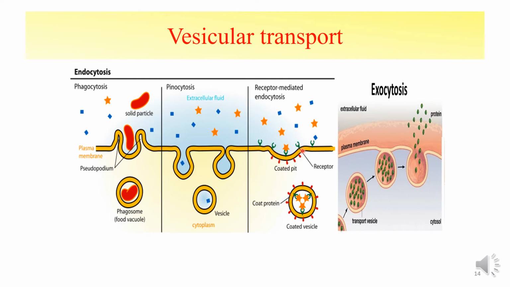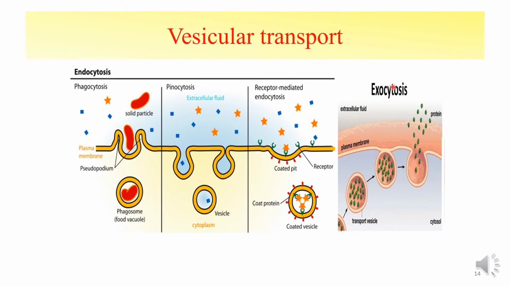Now when the lipid comes and attaches to the receptor, this receptor pinches off and carries the lipoprotein, and this is known as receptor mediated endocytosis because there is a presence of receptor.